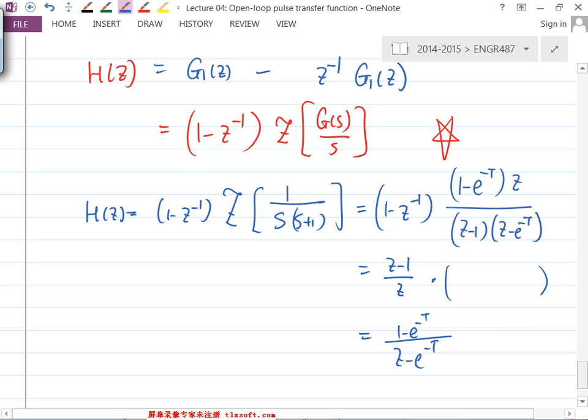Okay, cool? So for this one particular system, you only have one pole, and that pole location is here. The pole is always greater than 0, and that pole is always less than 1.